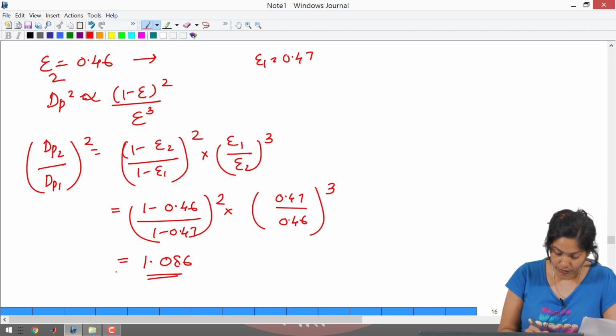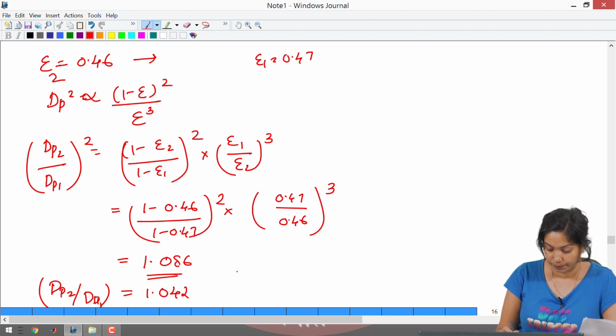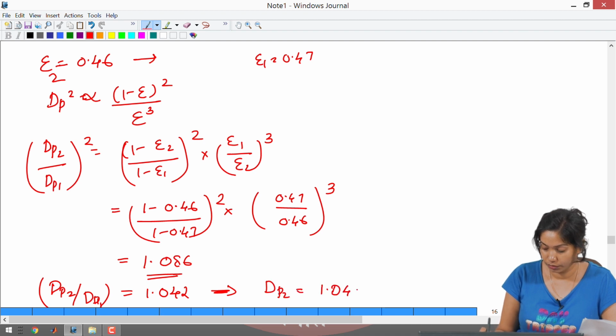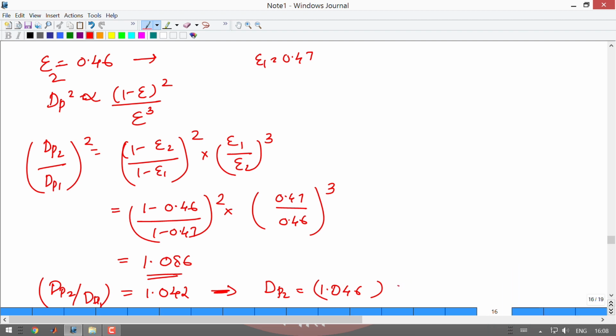So, we have to take the square root of this, dp2 by dp1 equal to 1.042, which implies that dp2 equal to 1.046 of dp1, which implies that there is a 5% increment in the size, or we can say the error is 5%.